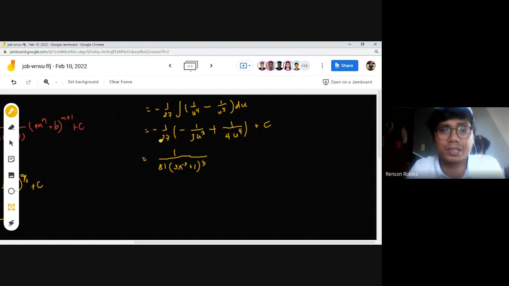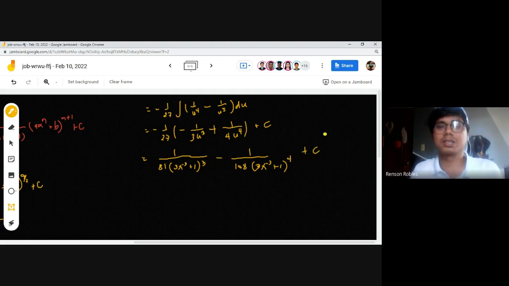Negative 1 over 27, positive, negative, 1 all over 4 times 27, that's how much? 108. Then u, 3x raised to negative 3 plus 1 raised to the 4th power, and then plus c. All right? Then let's apply our formula.